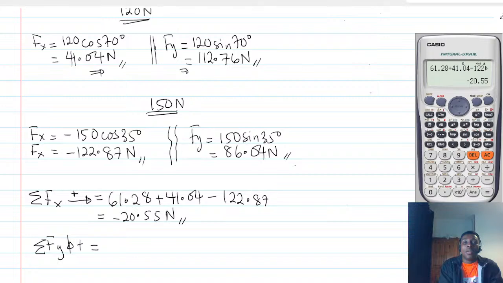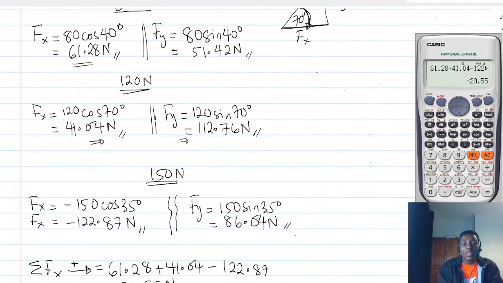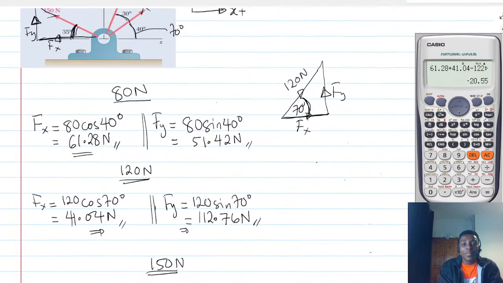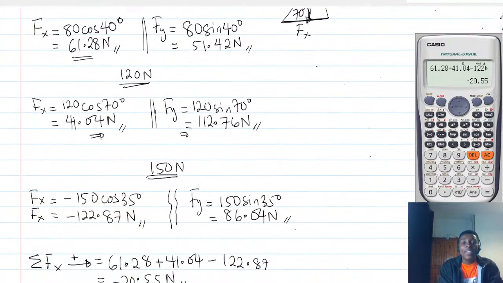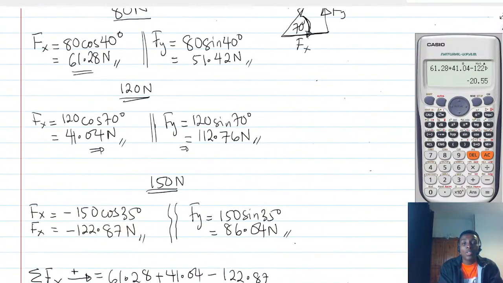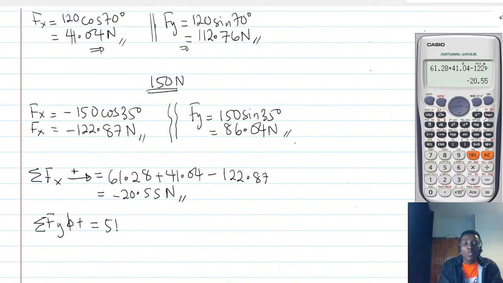So starting with the first value, 80 sine 40, which was 51.42. So 51.42. And then the second one was 112.76, plus 86.04. Okay.